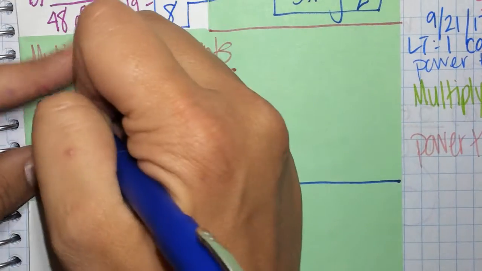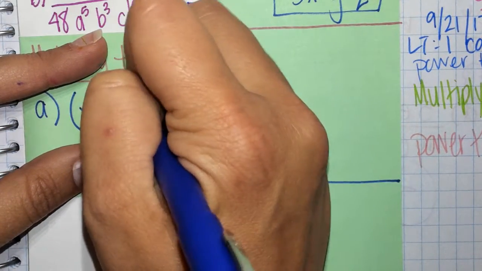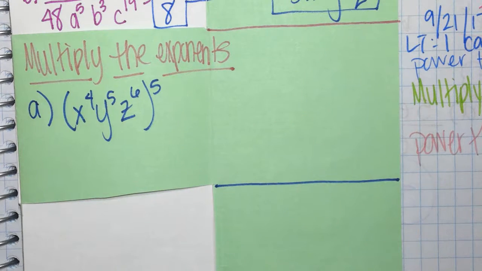Our example. X to the 4th, y to the 5th, z to the 6th, all to the 5th power. Now, when you raise a power to a power, what do you do to the exponents?